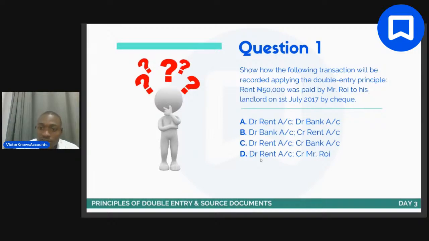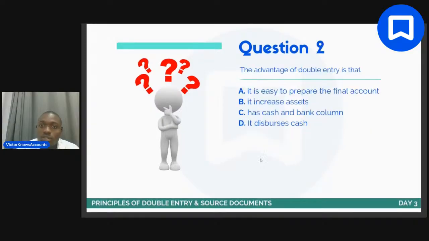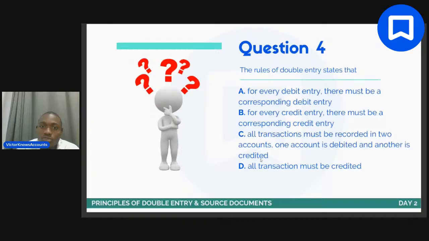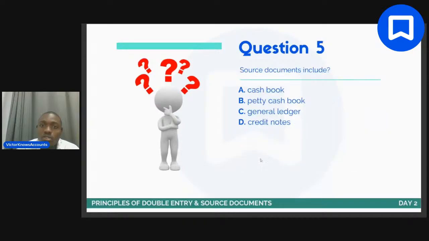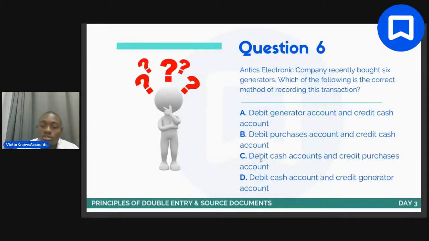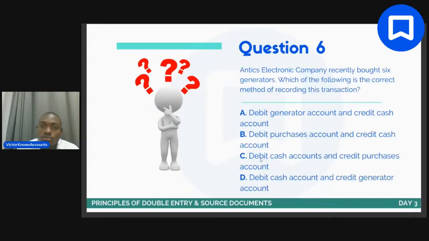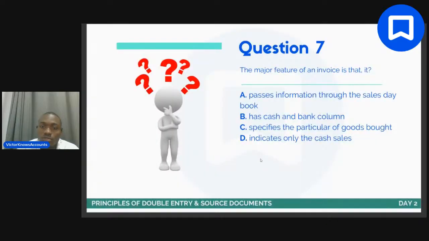In our next lecture, I'll give the answer to it. This is question two. This is question three. This is question four. So please practice it. This is question five, question six, and question seven.